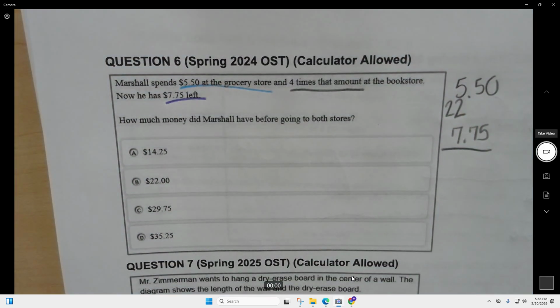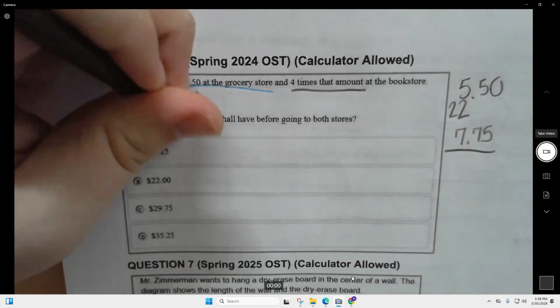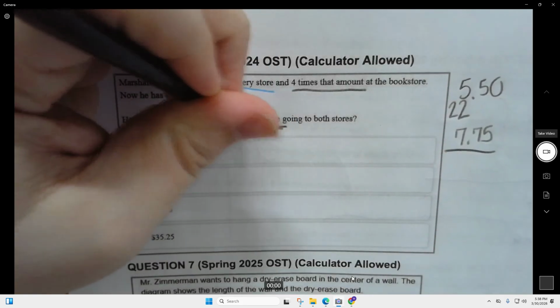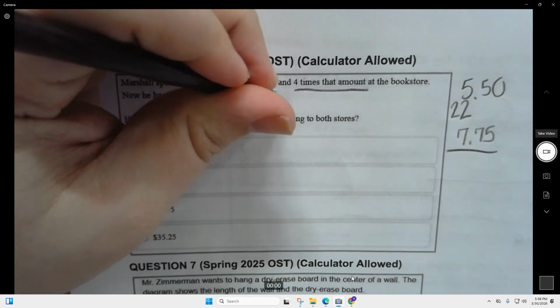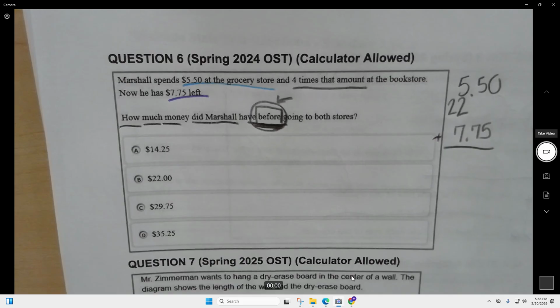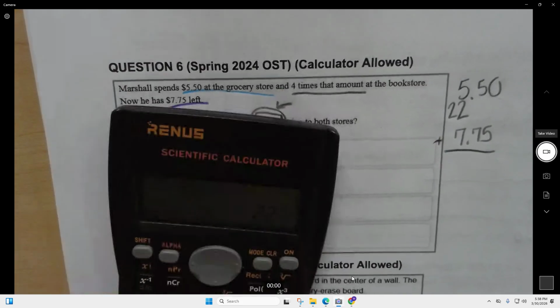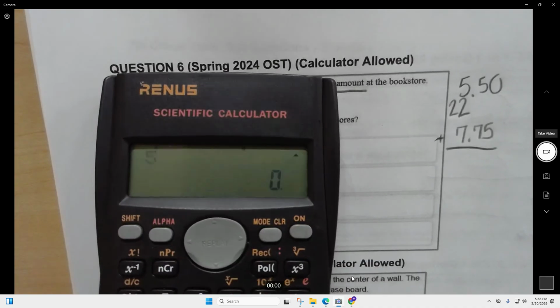How much money did he have before he went to both stores? So this is total, how much money did he have before going to both stores? So all we're going to do is add this up. And again, this is a calculator allowed question. I lined it up. If you want to do it manually, I didn't line it up how you would.